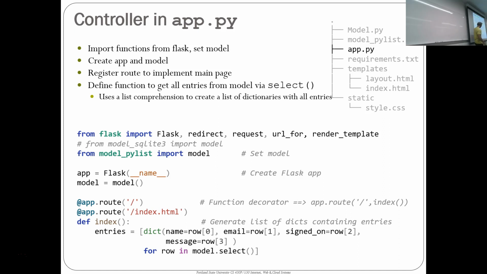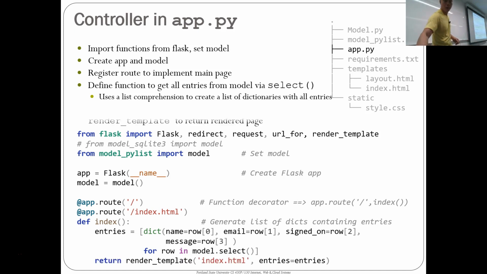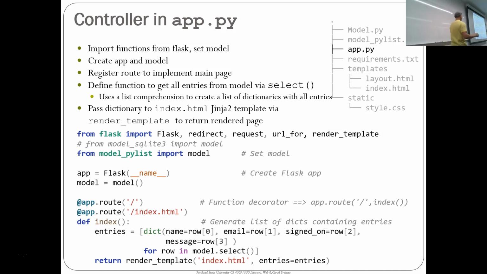So this is why I take a list of lists and then I create a dictionary of lists to send to Jinja. And then Jinja is going to index this data structure to render all of the entries in this thing. So I first get all of the entries. I get all the entries as a dictionary of lists, or I'm sorry, a list of dictionaries. Sorry, I got them reversed.